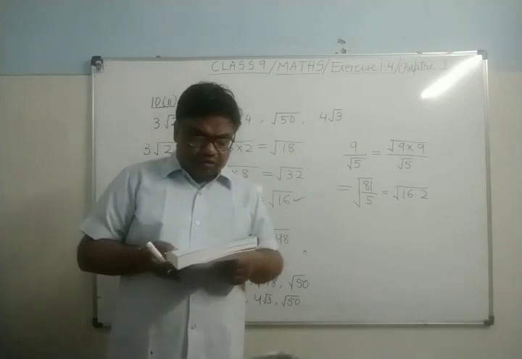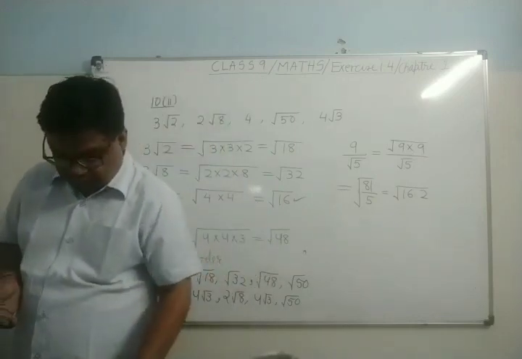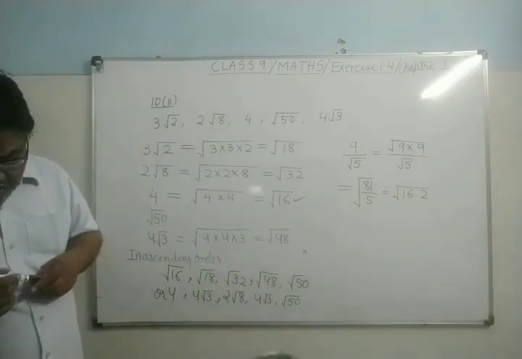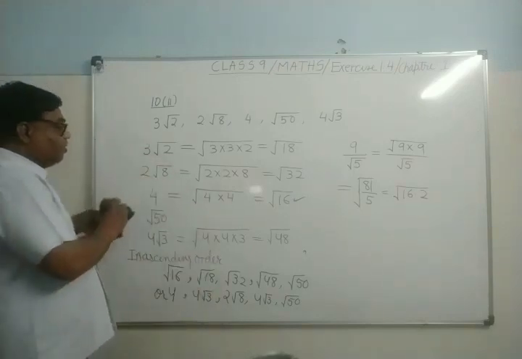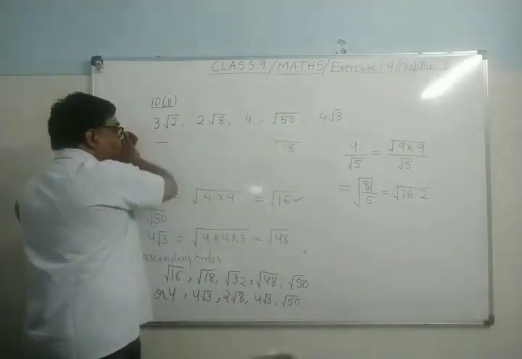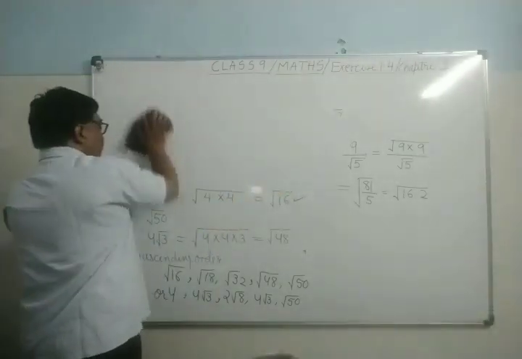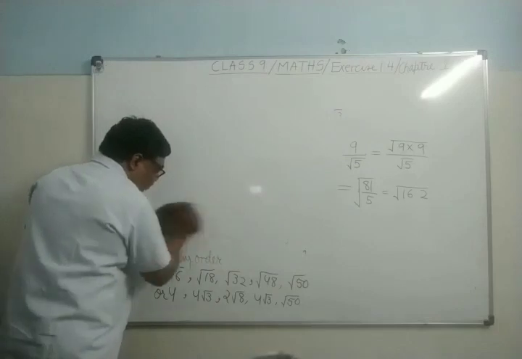Now after this, question number 12. Arrange the following in ascending order. And here the numbers are surds of different order.